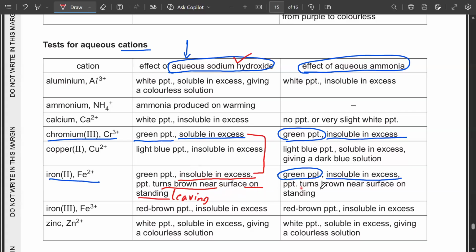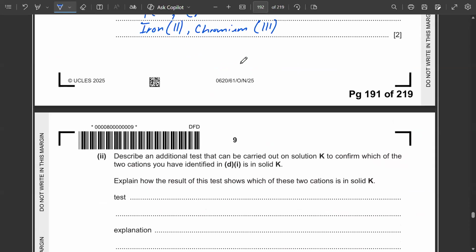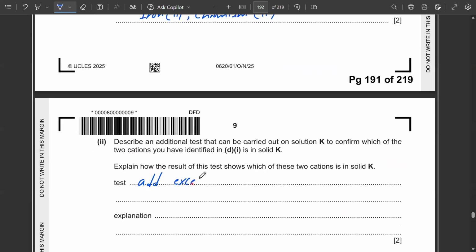The same test is also there in the heading of the aqueous ammonia. It turns brown on standing or on leaving. So you can say that at excess sodium hydroxide, you write here.